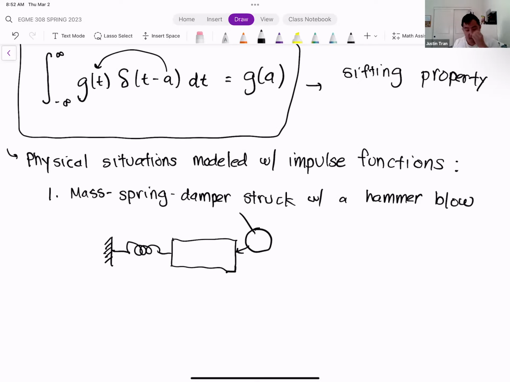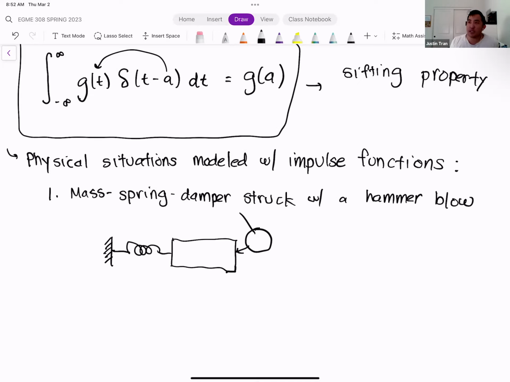The reason this is modeled with an impulse function is that the amount of contact time the hammer actually has with the mass is very small. You're swinging the hammer really fast, you hit the mass, but as soon as you make contact, it starts to move away.